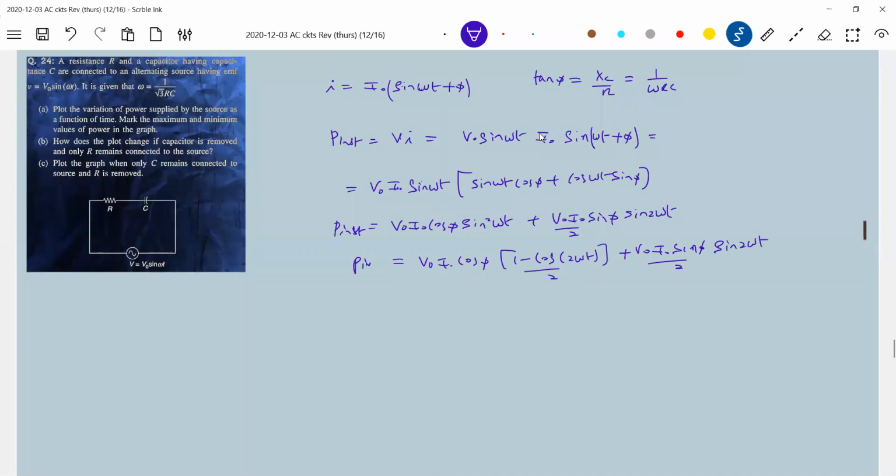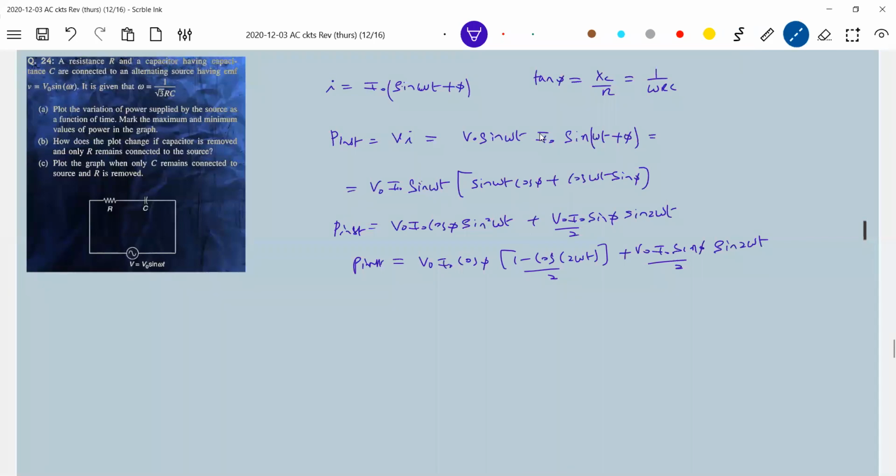Now this is asking us to plot V naught I naught cos phi by 2. Will it be pure sinusoidal? Sir, sinusoidal. Negative half cycle also should come.